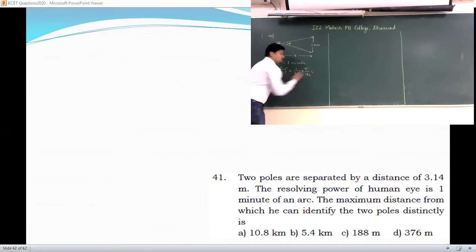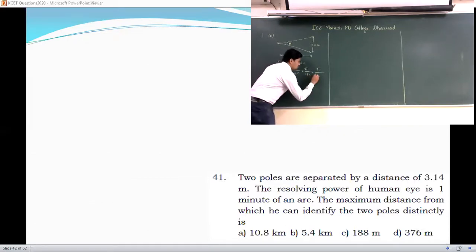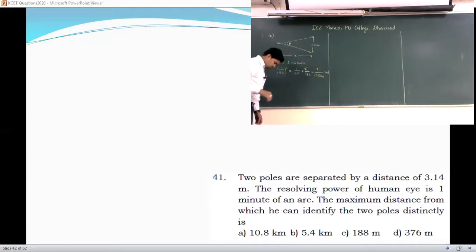Then how much am I getting? It is pi divided by 60 into 180, that is pi by 10800 radian. So this is the angle, theta, that we have got. Now how do we use this theta? We know the formula: theta is equal to arc upon radius.